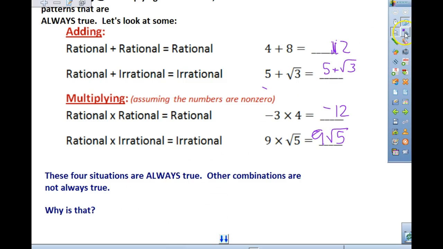No, but someone have a case for us that they want to share that they think, oh, this isn't going to be true. Anyone want to think of something that you talked about? So like if we're thinking about irrational numbers, right? Irrational. And what if you do what with an irrational? Kylie, what do you think? Add it to another irrational. Okay, so if we add irrational plus another irrational.